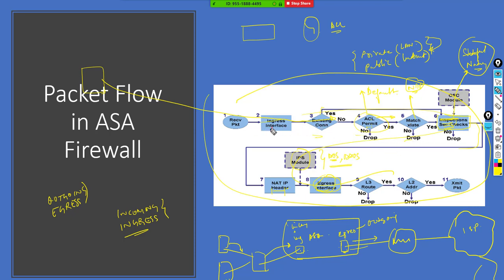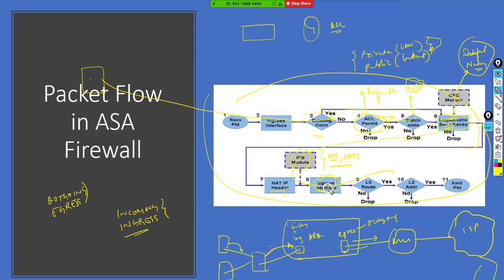Now if this happened for the first time, if the user is accessing Google for the first time, his traffic entered the ASA firewall for the first time. In that case, the access list will be checked. If there is a matching access list that says allow this, then it will go to the NAT table. NAT will send it to the other components like the NAT IP header.